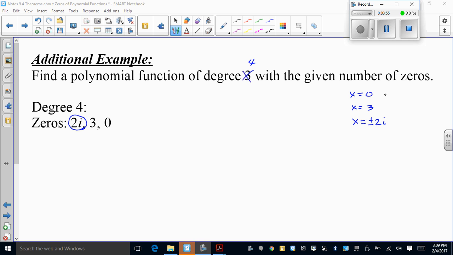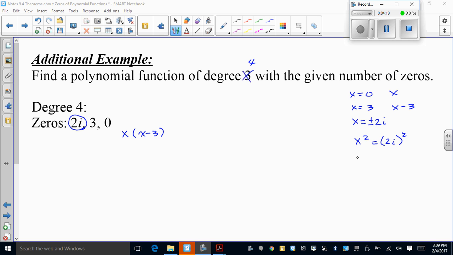So these are set. This is just going to be x. This is going to be x minus 3. This is the one we have to work on. So I'm going to go ahead and bring these over: x, x minus 3, and then this guy. Square both sides. We get x squared equals 2i squared. Don't forget that both of these have to be squared.